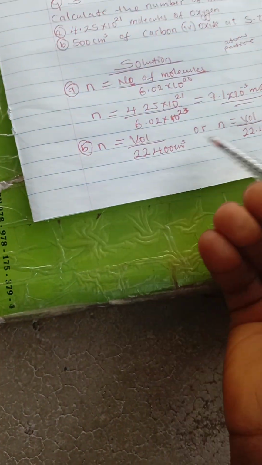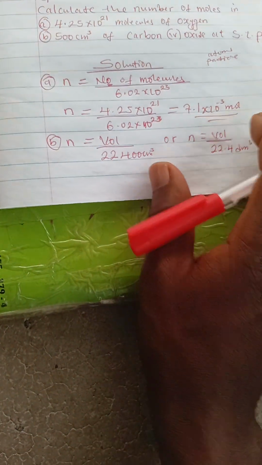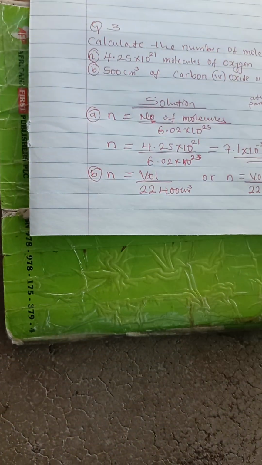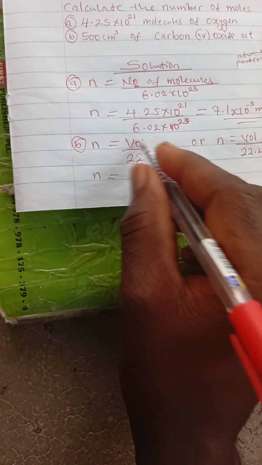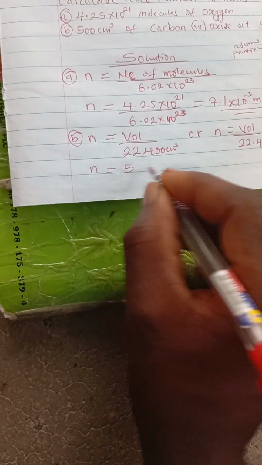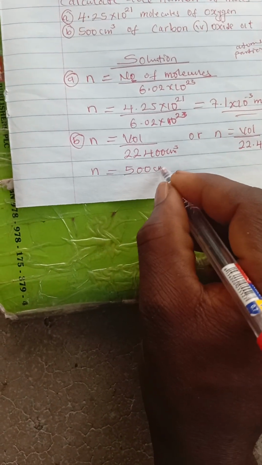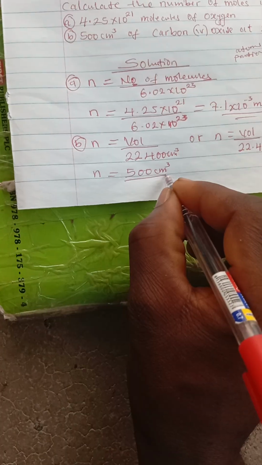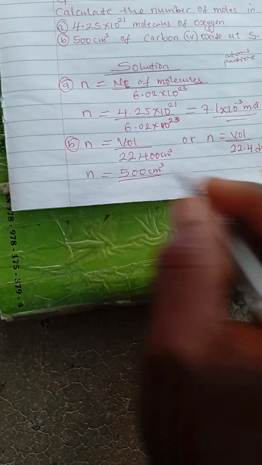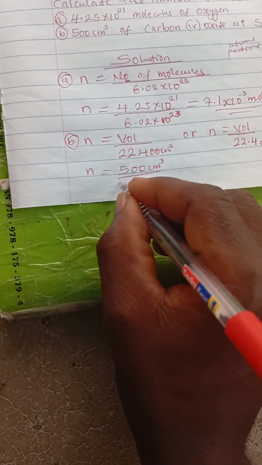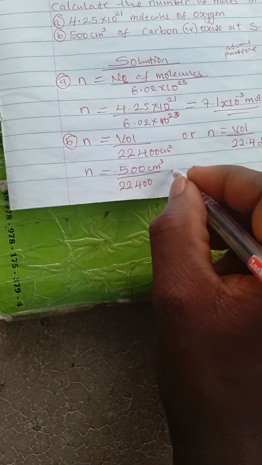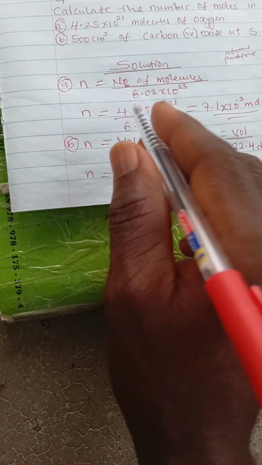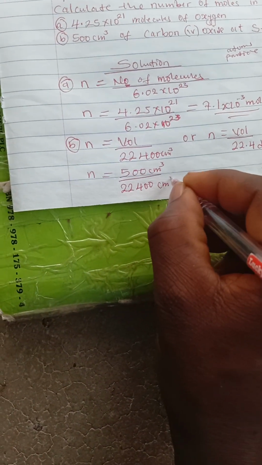But if you look at it now, we are not using dm cube, because the question is in centimeter cube. So our number of moles will be: what is our volume given? The volume is 500 centimeter cube, all over our standard volume here, 22,400, which is also in centimeter cube.